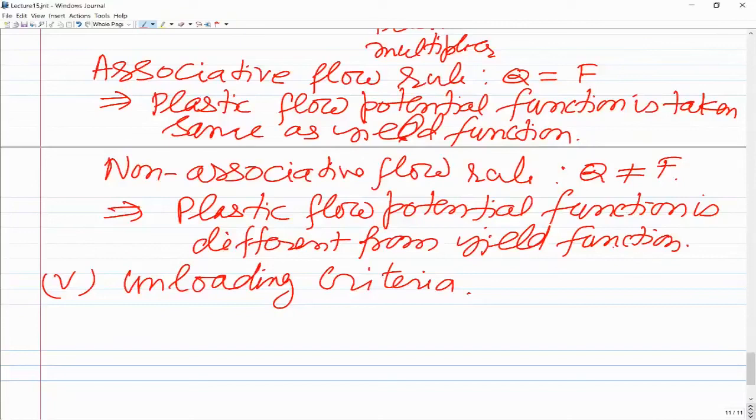Sir, for this portion, which book should we refer? Jain Reddy? Generally it has some part of it. But for plasticity actually, you need to refer some book on plasticity. Generally the nonlinear one has some part, but may not be the entire thing.